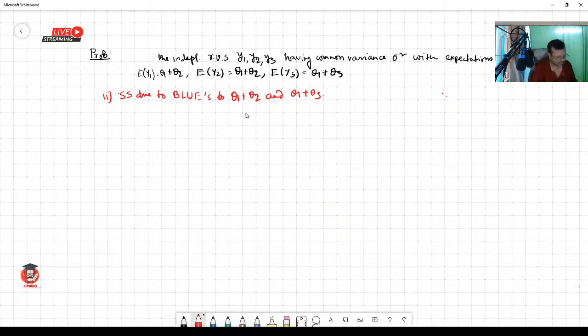I think you can do it yourself. This is another homework. Last class I already defined SS due to BLUE for linear functions and also defined independent linear functions. So please try this problem yourself. Okay.